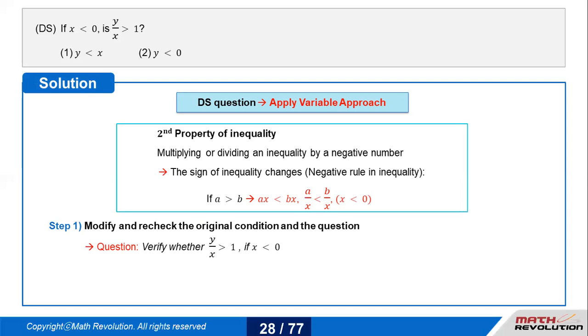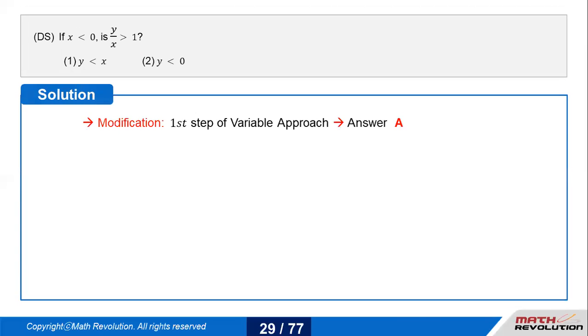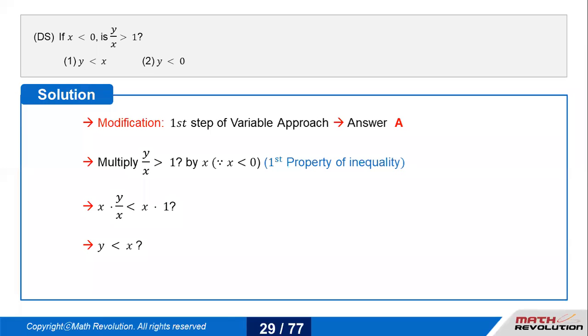It says y over x is greater than 1. Now let's multiply both the sides by x. Once I multiply both the sides by x, on the left hand side x gets cancelled, on the right hand side 1 gets multiplied by x, and my sign changes to less than.